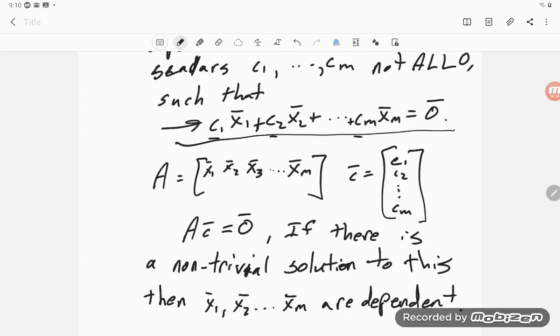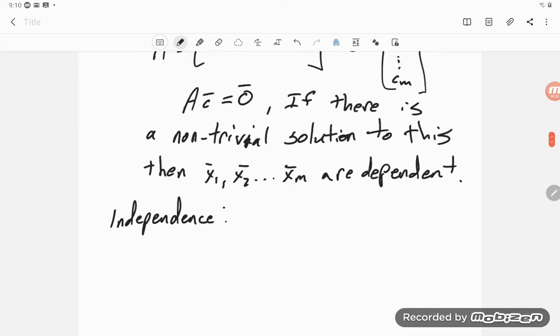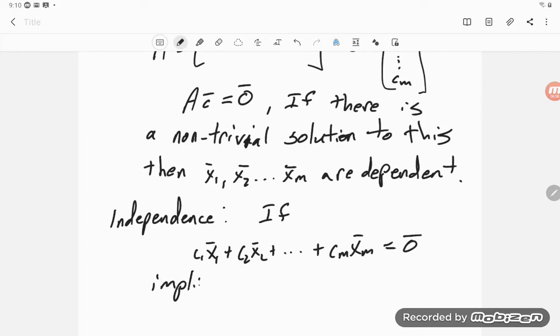Okay, so that's dependence, and then independence is if C1 x1 plus C2 x2 all the way to Cm xm equals 0 implies C1 equals C2 equals all the way to Cm equals 0.